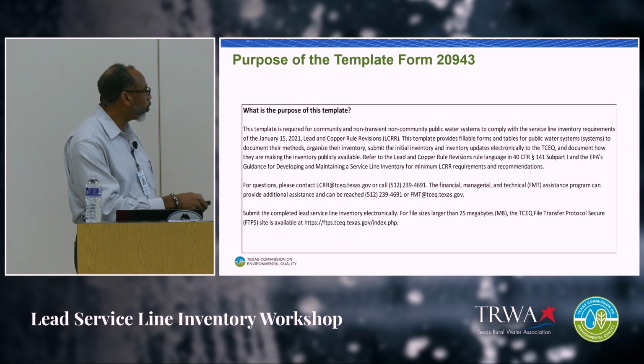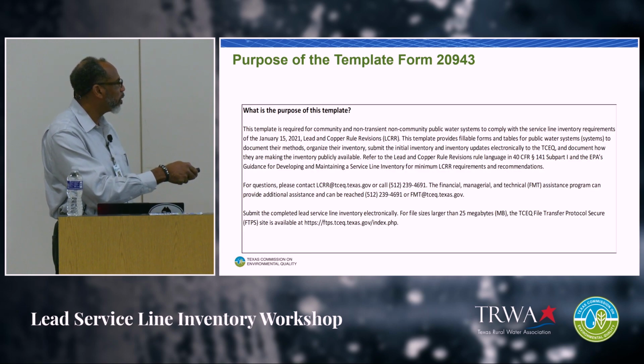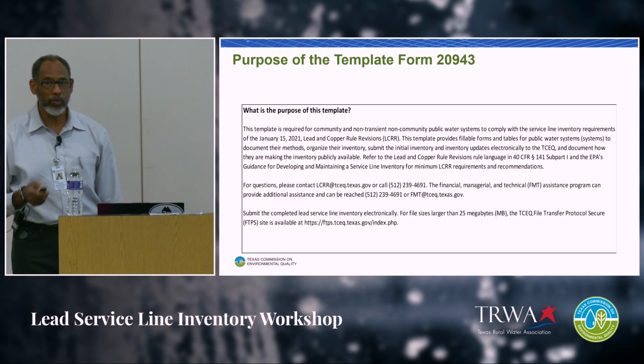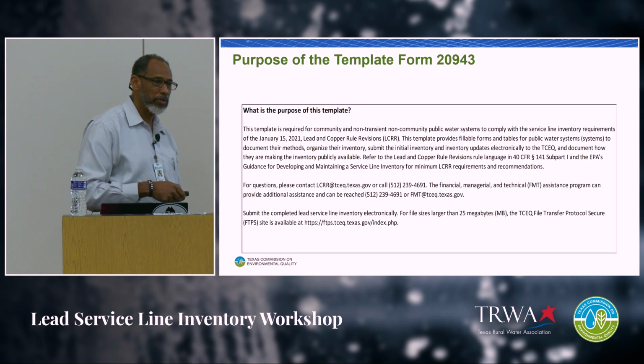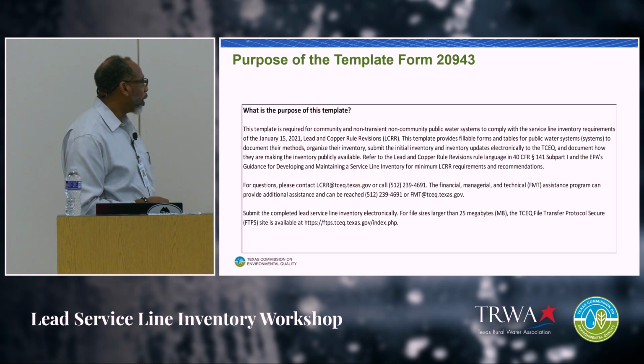On the TCEQ website, there's lcrr@tceq.texas.gov for questions or contact information, as well as the telephone number 512-239-4691, which rings into the drinking water section receptionist. When they answer the phone, you have to tell them you want to speak to the lead copper team.